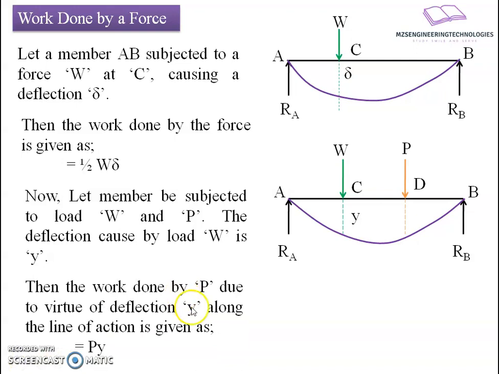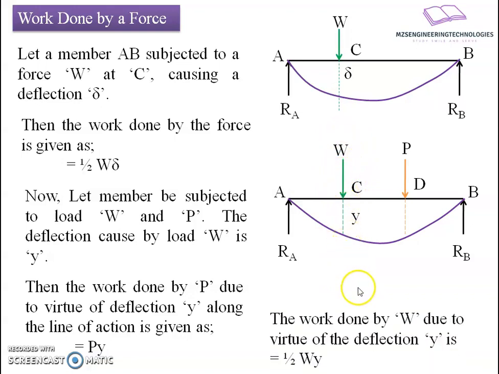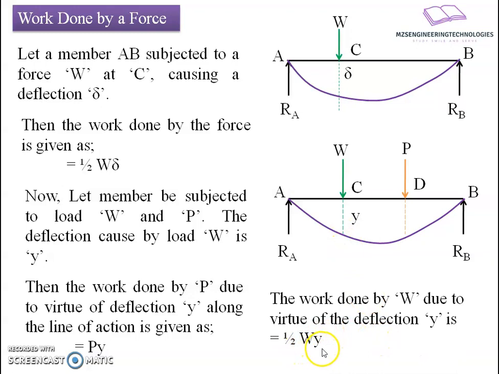Then the work done by the force P will be equal to, now the deflection is being caused by W and this deflection is simply observed by P without an action. Then this force is going to have a deflection causing a work done equal to P into Y, whereas the action is being played by the force W, which was gradually increased to cause the deflection. The work done by this force will be 1/2 of W into Y.